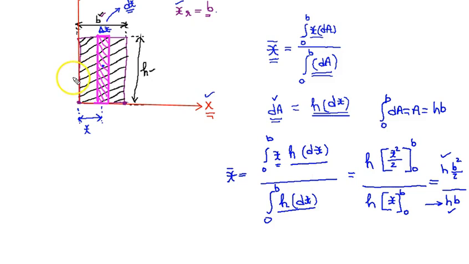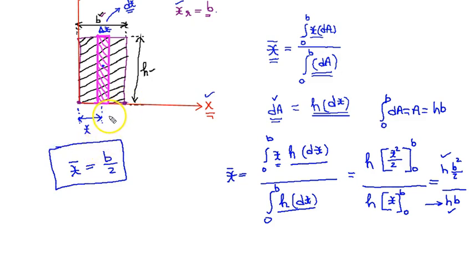In this case, it is the area of the rectangle. Thus, we have the x coordinate of the centroid of the rectangle, with x and y axes taken as shown, as b over 2. That is, your centroid lies at a distance of half the base from the height.